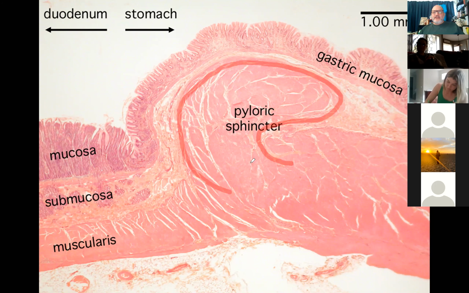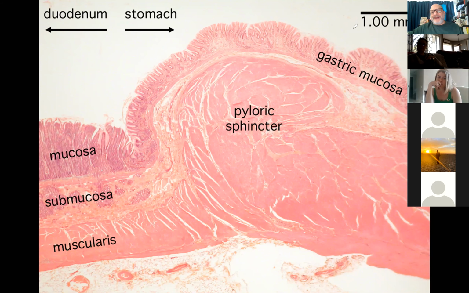And the pyloric sphincter is what controls the movement of food from the stomach to the small intestine. So we see this big, huge, massive enlargement of the circular layer, forming this big, huge, thick muscular valve that is going to control the movement of food from the stomach into the small intestine.